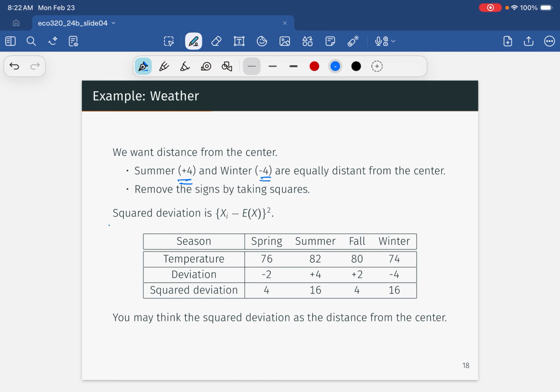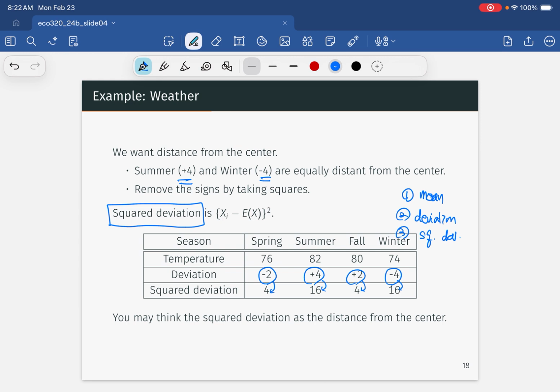So we define squared deviations, right? Remember, the first step is calculating the mean, the second step we calculate deviations, and the third step we calculate squared deviations. So minus 2, plus 4, plus 2, minus 4 become their squares. Very straightforward, and obviously after the square everything will become positive.